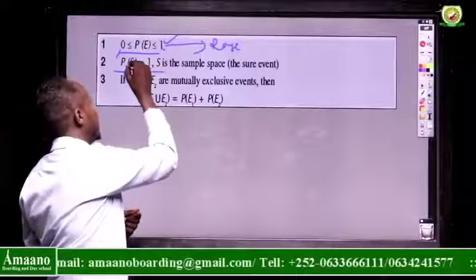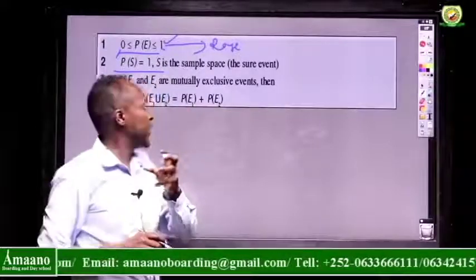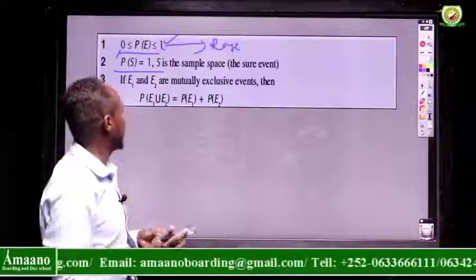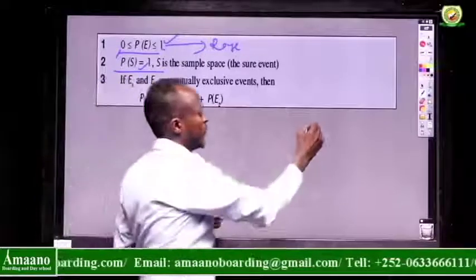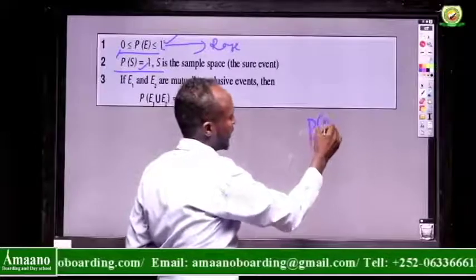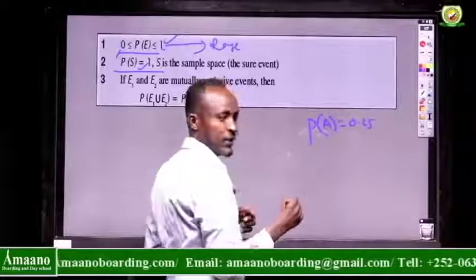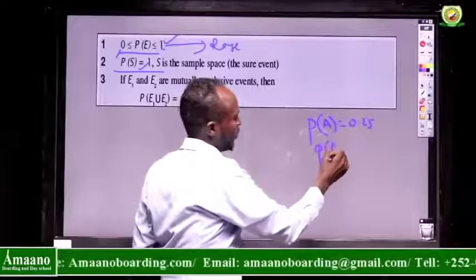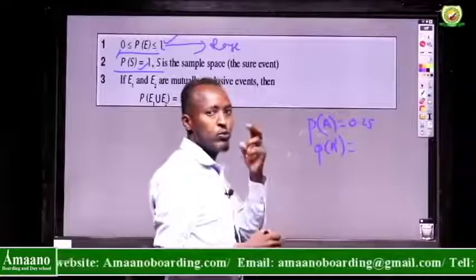The sample space: if you add all the probabilities of a given sample space, it always goes to 1. Look, if you are given the probability that you will pass an exam as 0.25, then the probability that you will not pass the exam is 1 minus this, because there are only 2 possible ways.